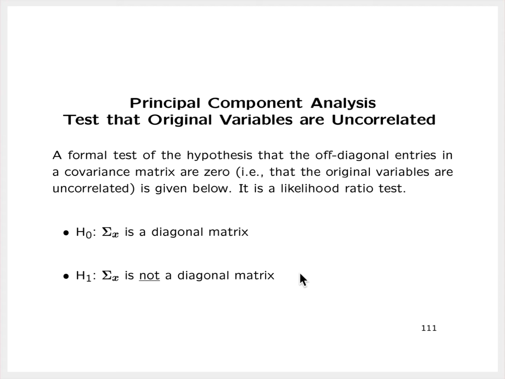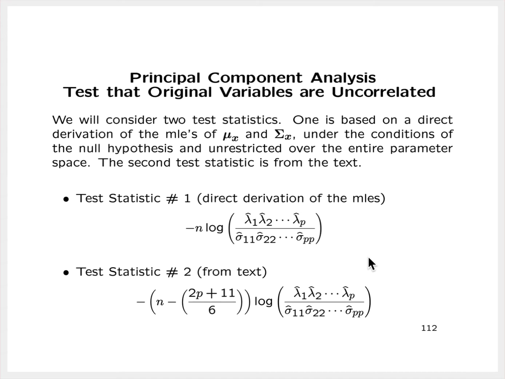In other words, at least one of the off-diagonal elements is non-zero, and so at least one pair of the original variables has a non-zero covariance and therefore a non-zero correlation. So these are the hypotheses that we're testing in this situation.